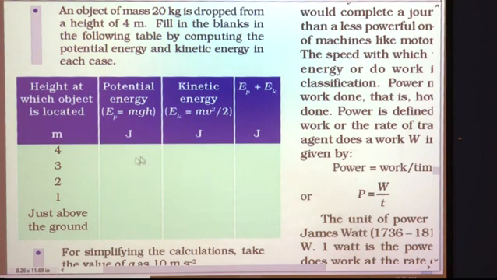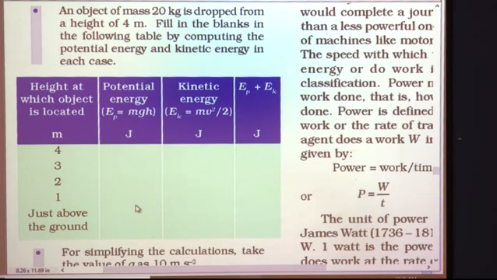Now, for example, for 4 meter the potential energy is 800 joules and kinetic energy is 0, because at the beginning the v value is 0, so the total is 800 plus 0, that is 800. Suppose at the next height the potential energy becomes 600, then kinetic energy becomes 200. 600 plus 200 is 800. Next case, this is 400, this is 400, so the sum is 800.